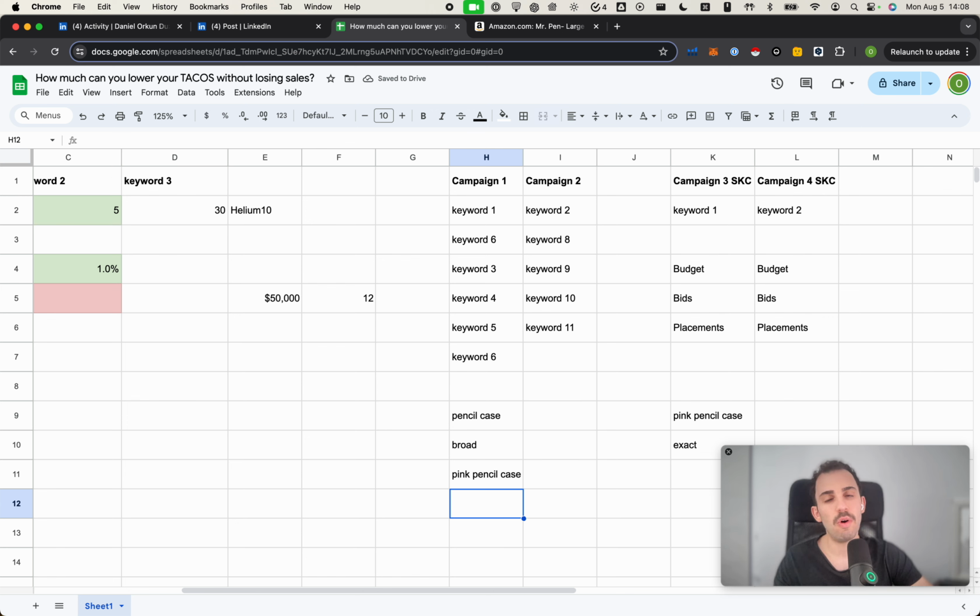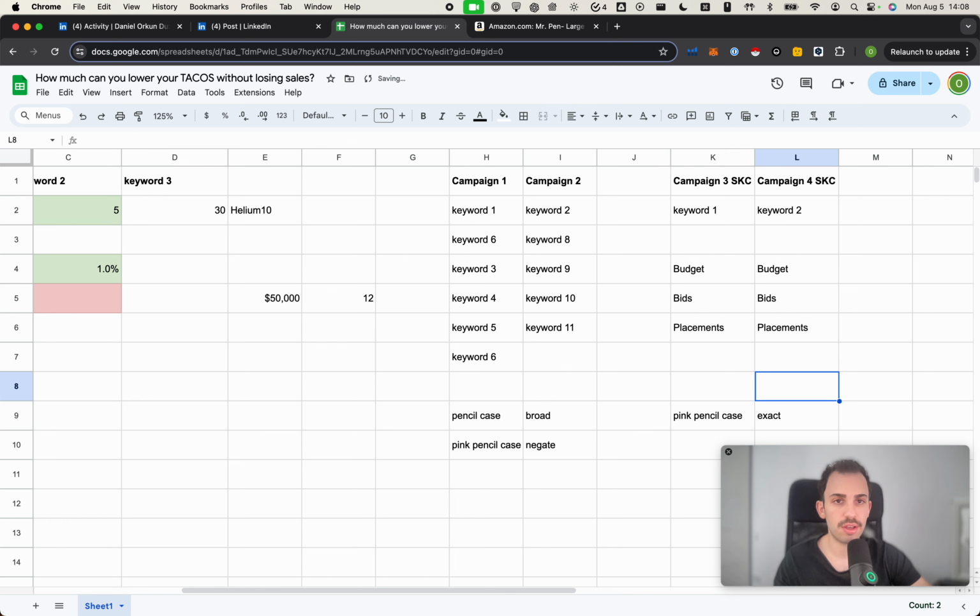What optimally we want to do is eliminate pink pencil case from being available in the search term for its broad match. So you can actually negate pink pencil case, and your pencil case is still in broad match. This way, you're pushing Amazon to push all the traffic to your new single keyword campaign that specifically focuses on pink pencil case.